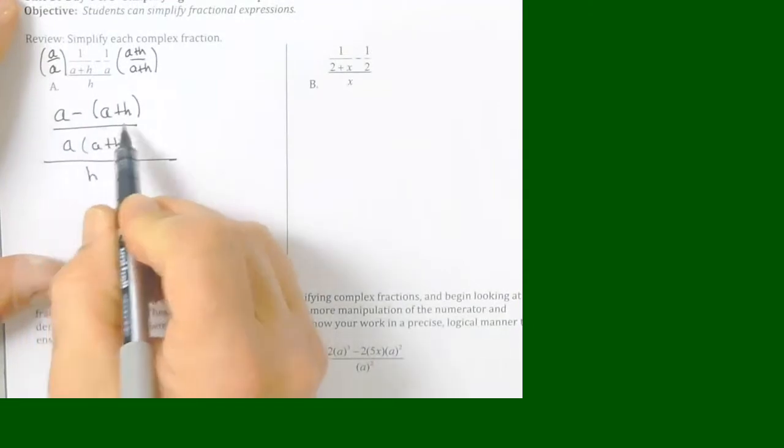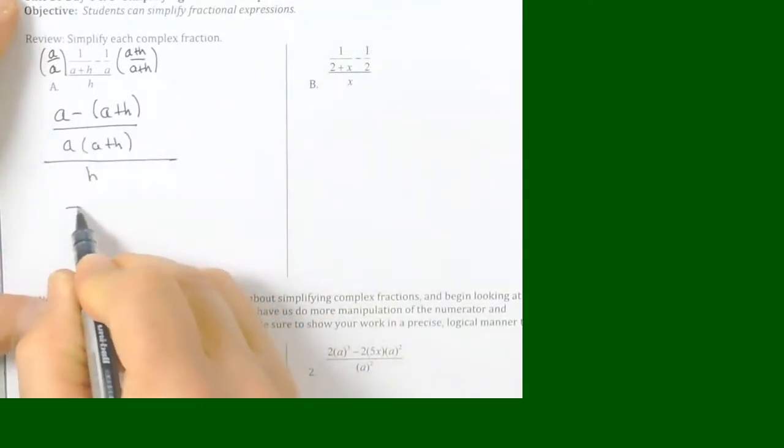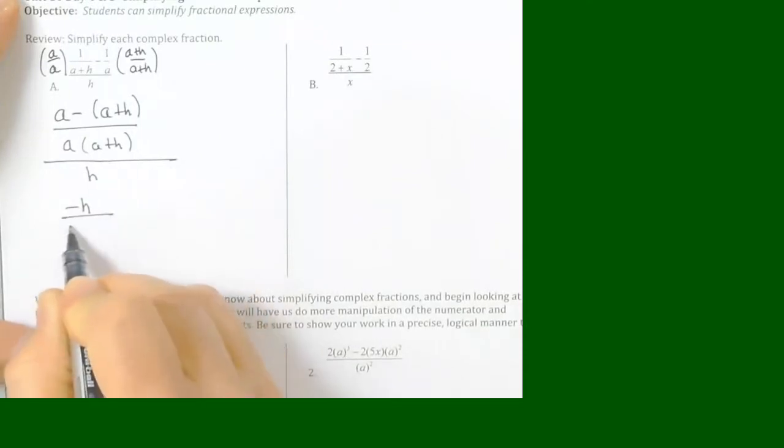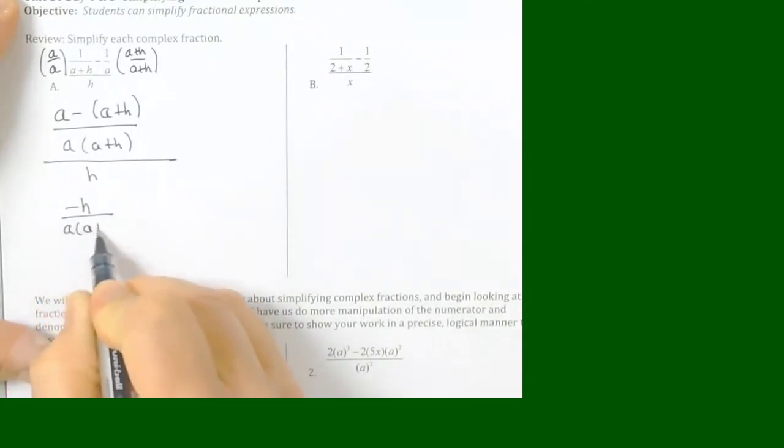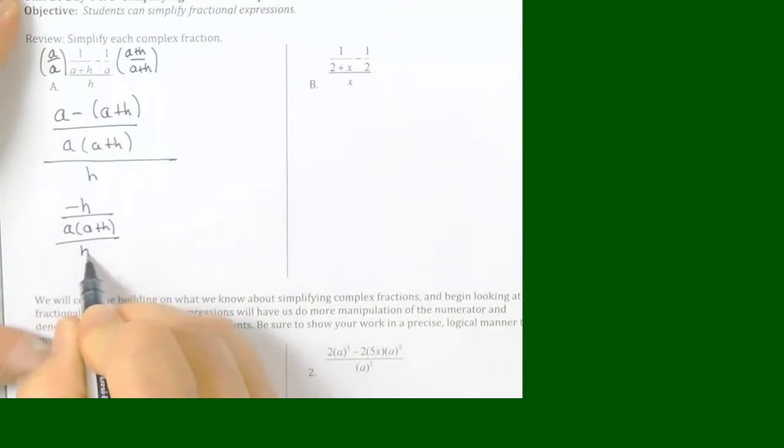A minus a, 0, minus h, is negative h over a times a plus h, all over h.